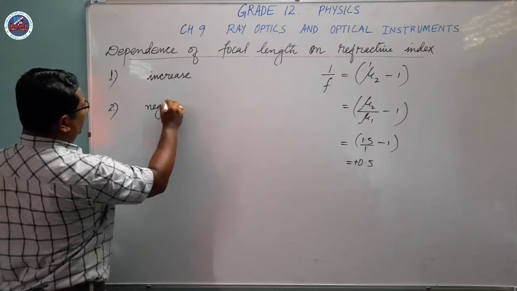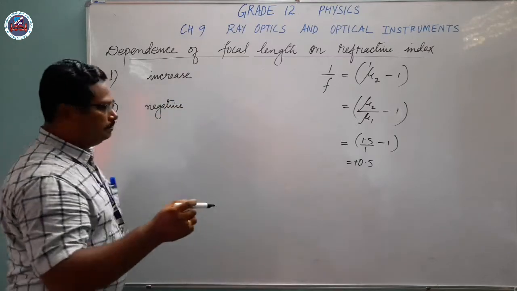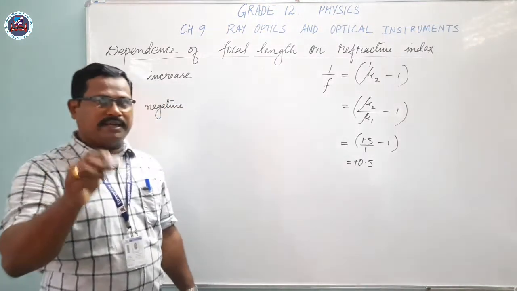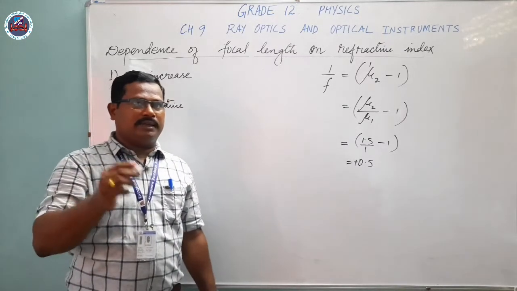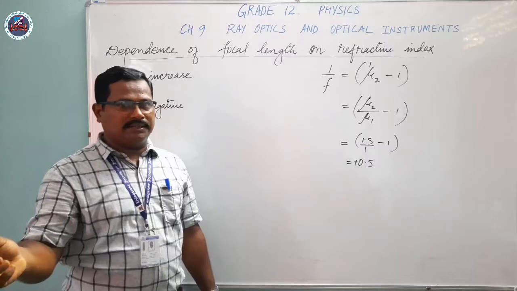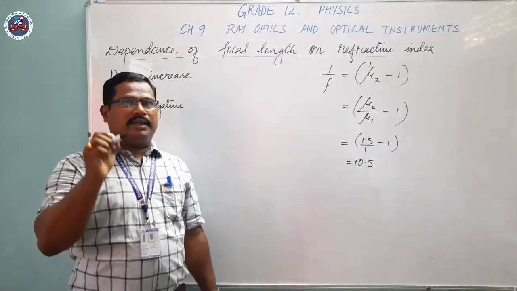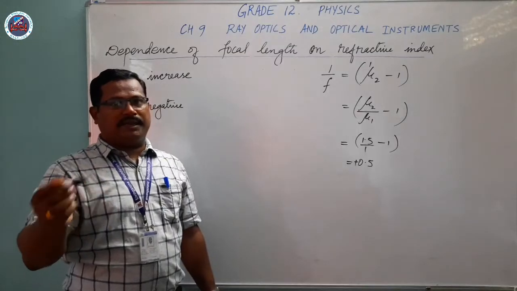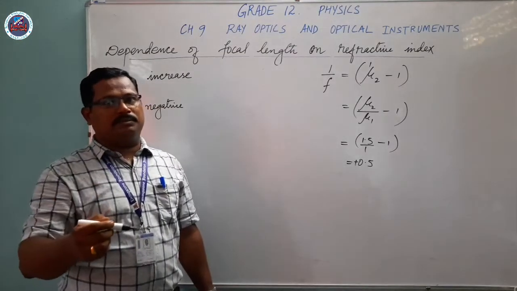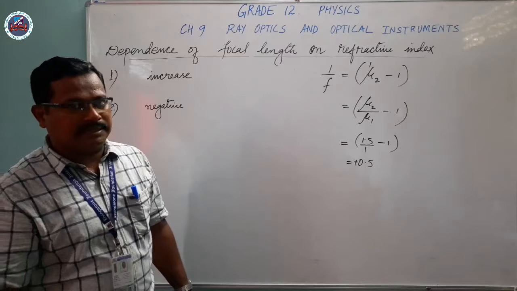When I say it will become negative, you should understand that the convex lens focal length is positive, so it will become negative focal length. That means a convex lens will behave like a concave lens, and for a concave lens we know focal length is negative, so if it changes to negative, then negative of negative is positive. So a concave lens will behave like a convex lens.